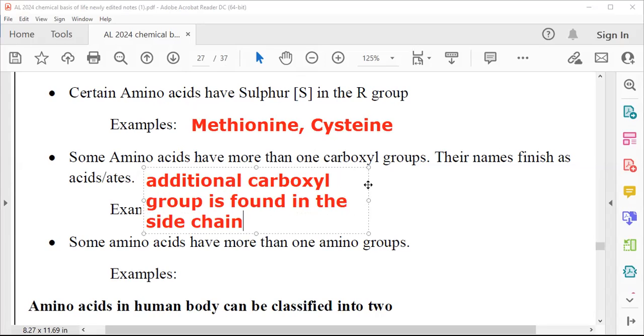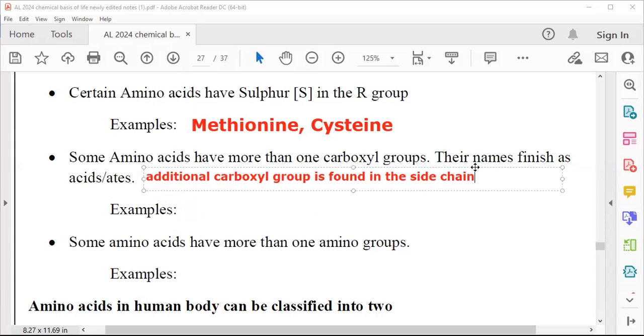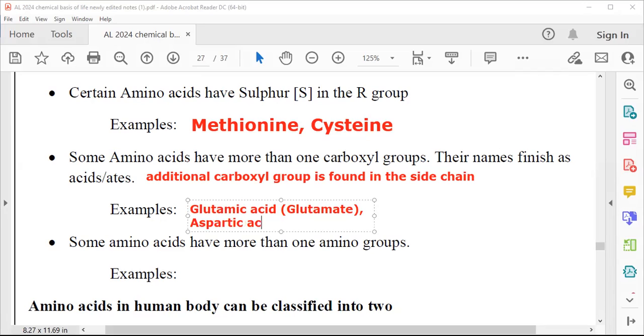The side chain. Who are the examples? Glutamic acid, or we can call it glutamate. The other one, aspartic acid, or we can call it by the name, what is it? Aspartate.